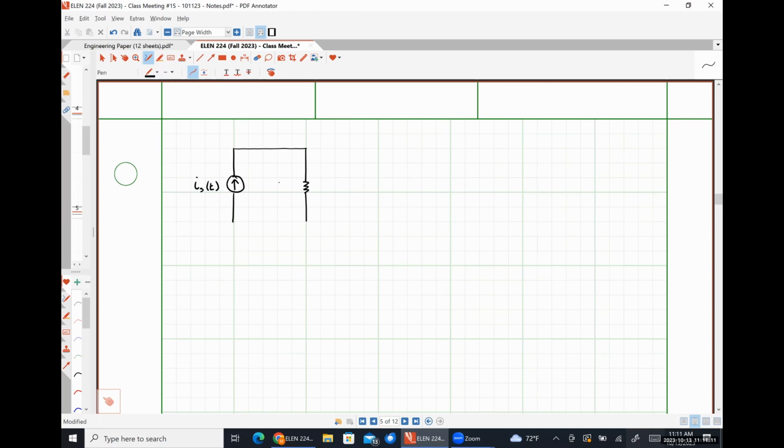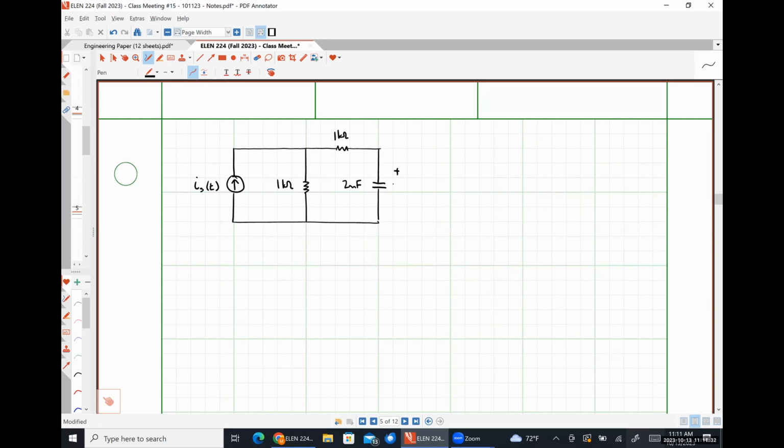And over here, I have a 1 kilo ohm resistor. Over here, I have a 1 kilo ohm resistor. Here, I have a 2 millifarad capacitor.